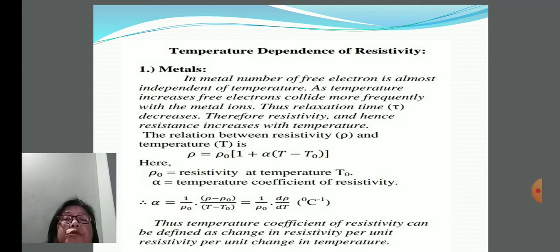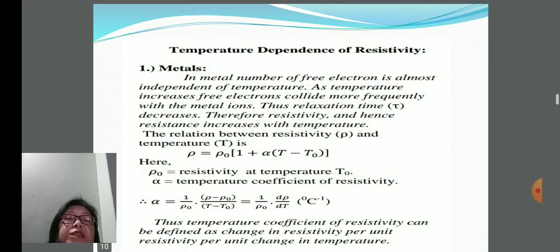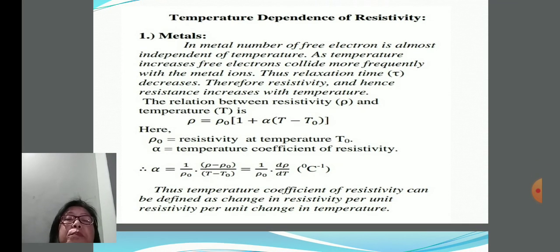Thus, if you are asked to define the temperature coefficient of resistivity, you can define it like this: change in resistivity per unit resistivity per unit change in temperature, and its SI unit, once again I am repeating, is degree Celsius inverse.